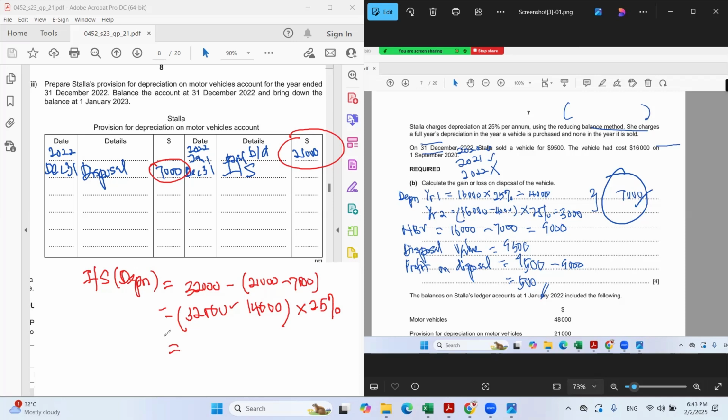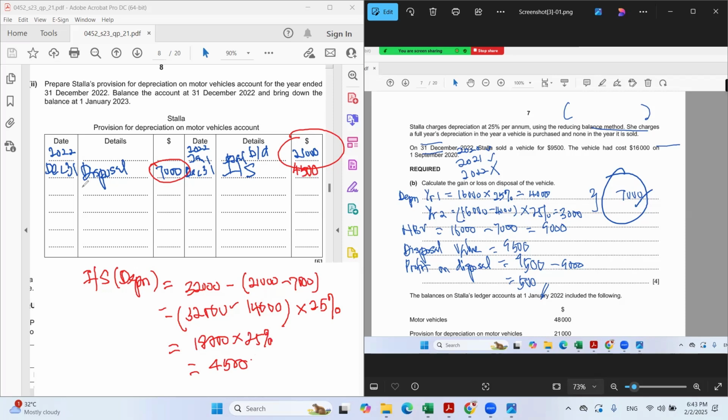So we take 32,000 minus 14,000, which is 18,000. 18,000 times 25%, so we will get 4,500. So the amount to charge as depreciation for the income statement is 4,500.